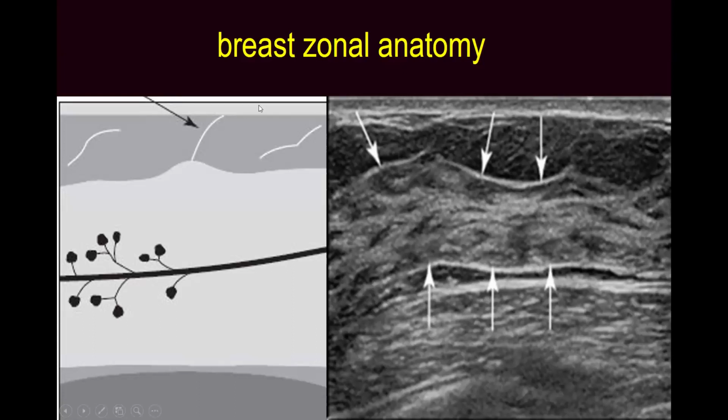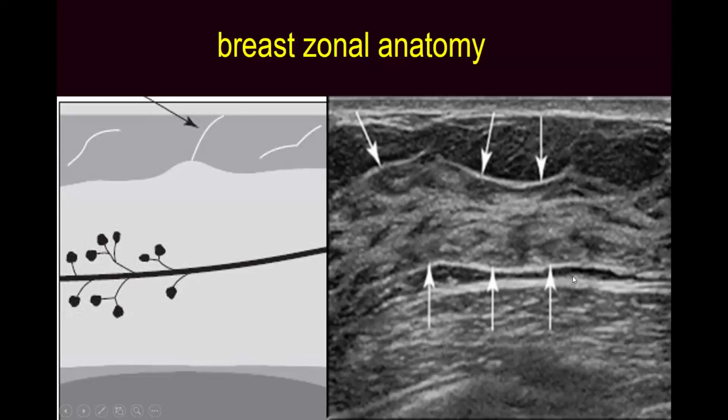This is the mammary fascia representing these lines here, okay? And definitely this is the skin, and this is the subcutaneous fat or pre-mammary zone. And here, this is a superficial fascia, you see? And these here are Cooper ligaments.